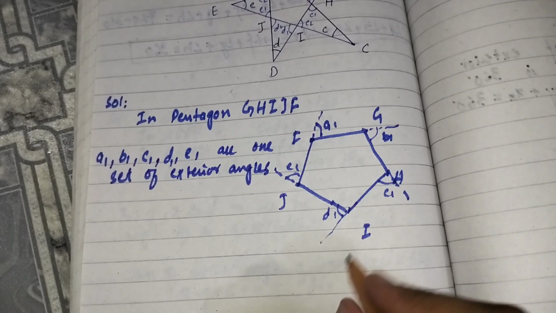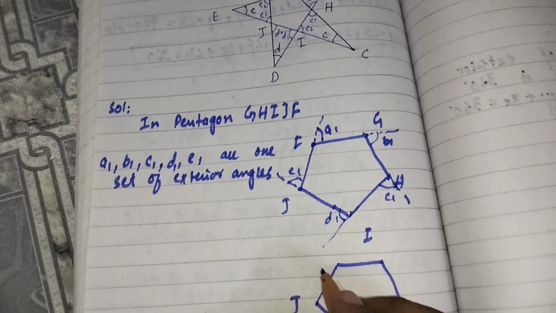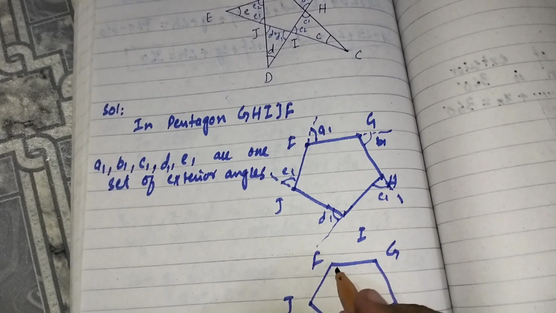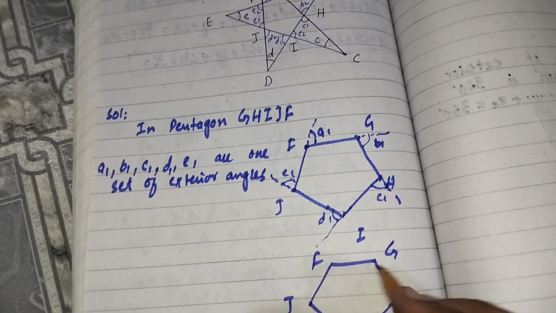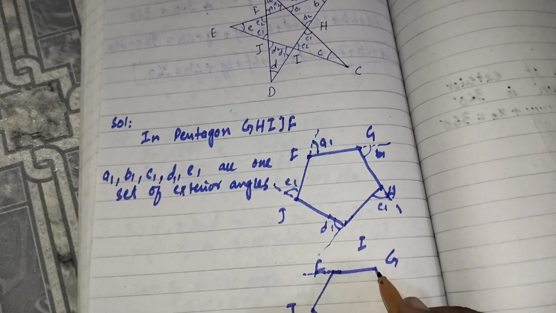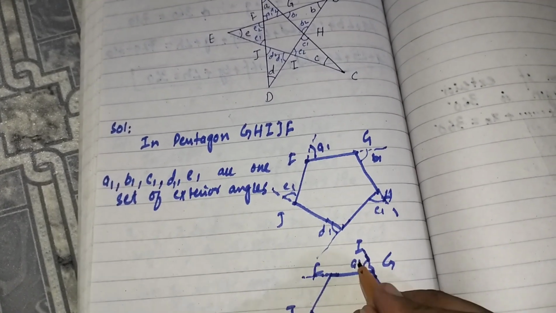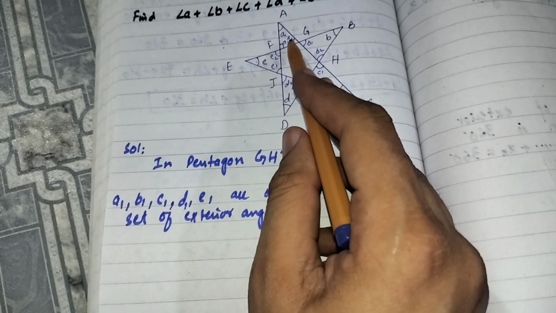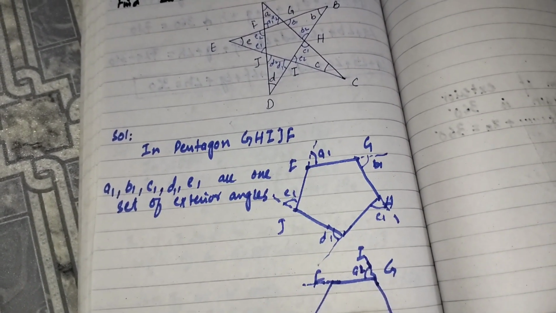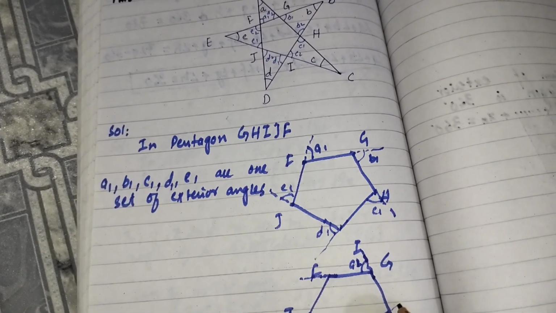Similarly, I am again drawing the pentagon: this is J, F, G, H and I. If I extend this line, then this line, this is A2. Then I extend this line, and now I will extend this line.